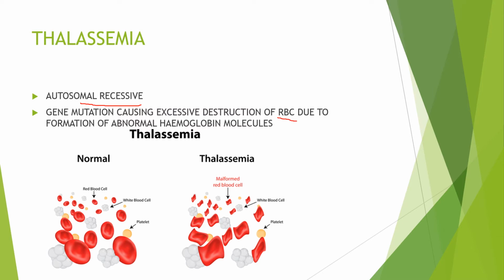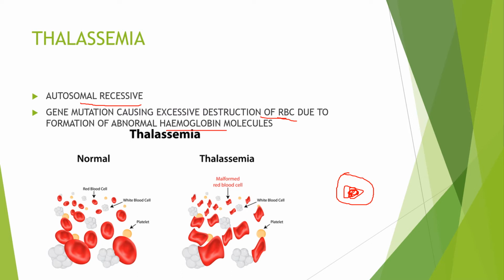Abnormal formation of RBC or excessive destruction of RBC happens due to formation of abnormal hemoglobin molecule. We know RBC contains the hemoglobin, and this hemoglobin molecule will be formed abnormally.